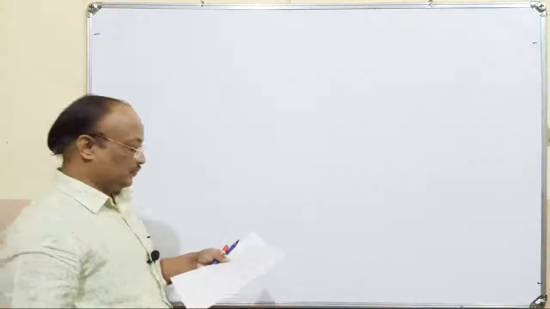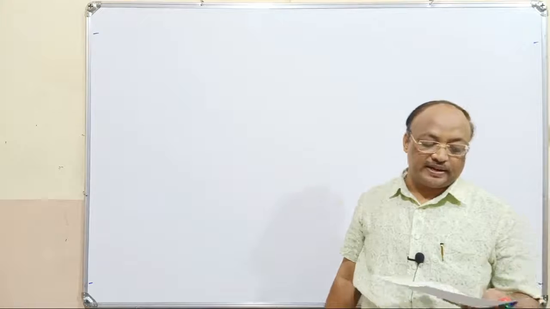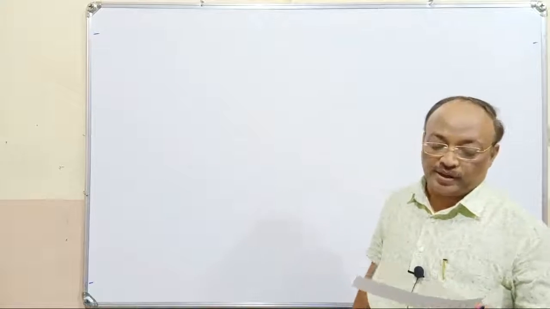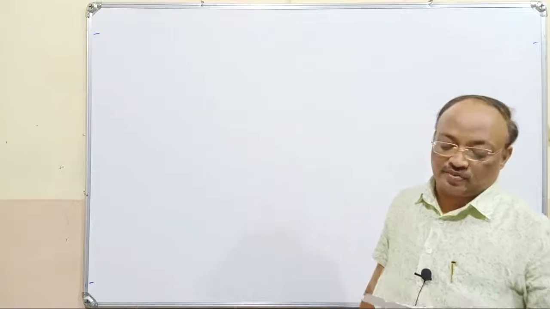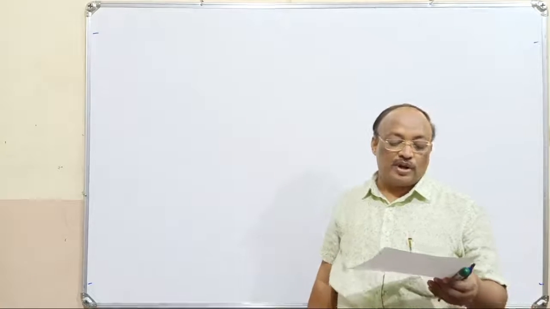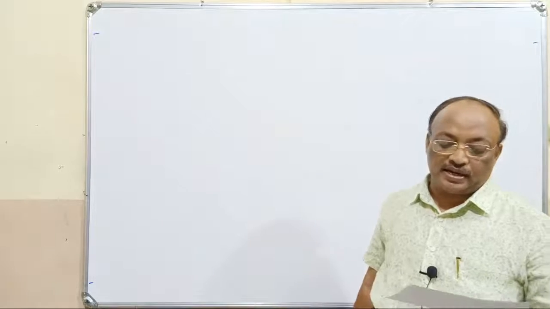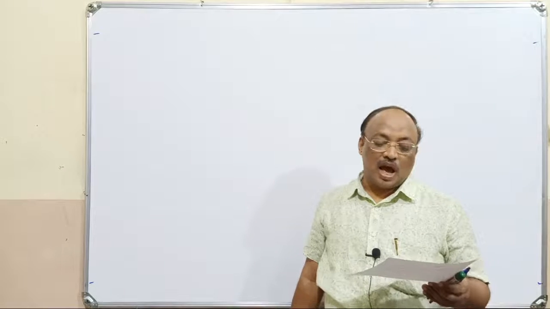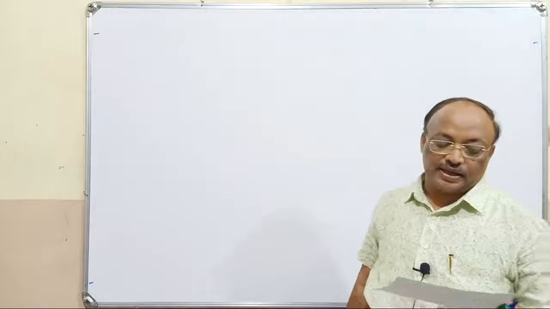So next question, the fourth question. ABCD is a square of side 0.2 meter. Charges of 2 into 10 to the power of minus 9, 4 into 10 to the power of minus 9, 8 into 10 to the power of minus 9 coulomb are placed at the corners A, B, C respectively.